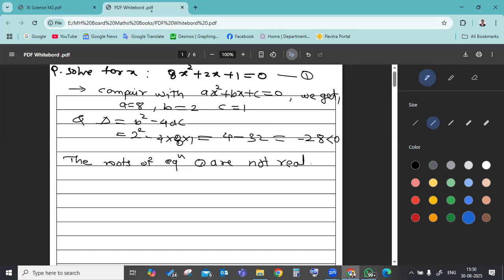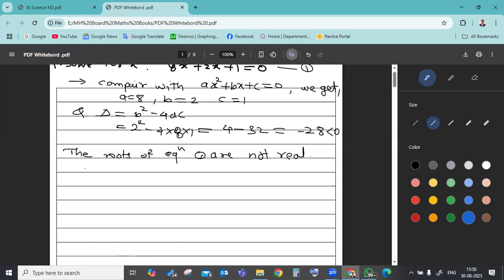Yes. Okay, now what is the formula to find roots? x equals minus b plus or minus square root of b square minus 4ac divided by 2a. That is minus b plus or minus square root of minus 28 upon 2 into a.